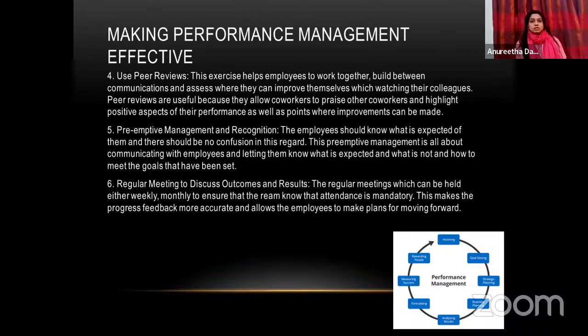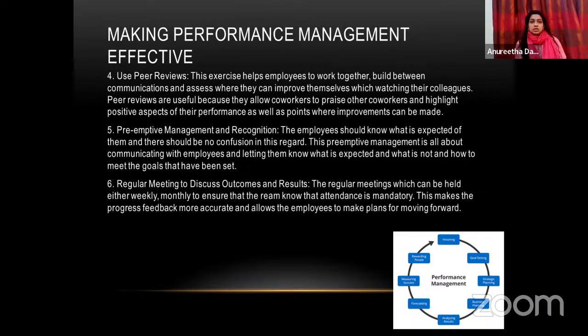Next is making performance management even more effective. Out of the 3 points we have learned, including software, there are three more things to make it effective: use peer reviews, use preemptive management and recognition, and hold regular meetings to discuss outcomes and results. How do you do that? Using peer reviews means watching colleagues, your senior colleagues, and your co-workers, and learning from them.